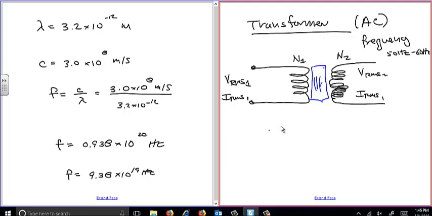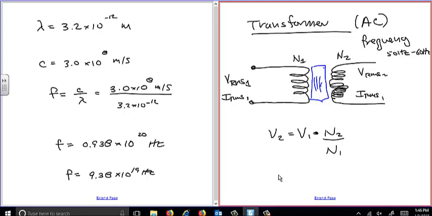So the relationships here are that V2 is equal to V1 times, now the question is, which way does it go? If the number of loops in the secondary coil is greater than the number of loops in the primary coil, you should have an increase in voltage. So it's going to be N2 over N1. So you could say V2 over N2 is equal to V1 over N1.